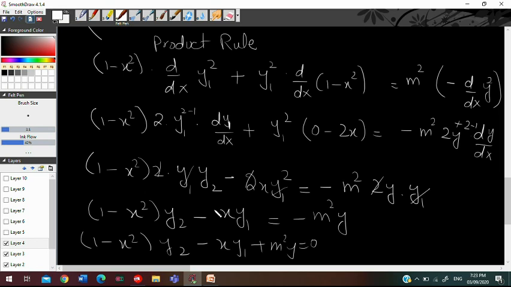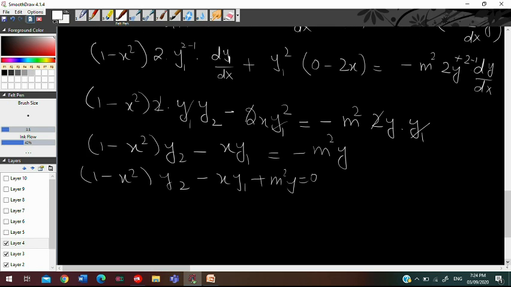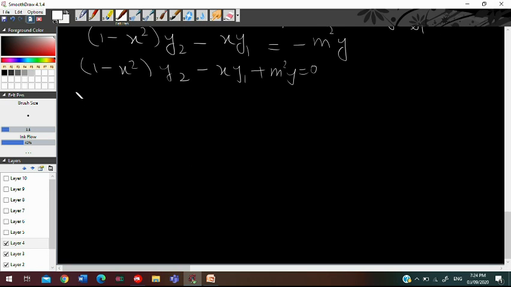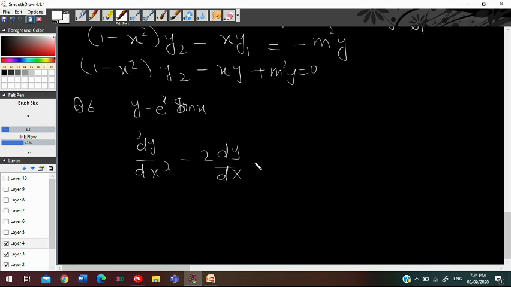The same thing in question number 6. You take y equals e^x sin x, and you have to show that d²y/dx² − 2 dy/dx + 2y equals 0.